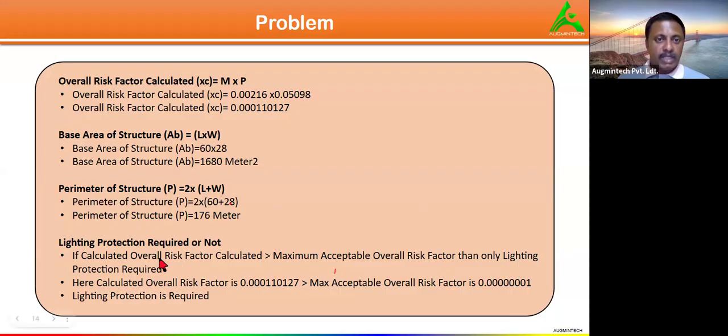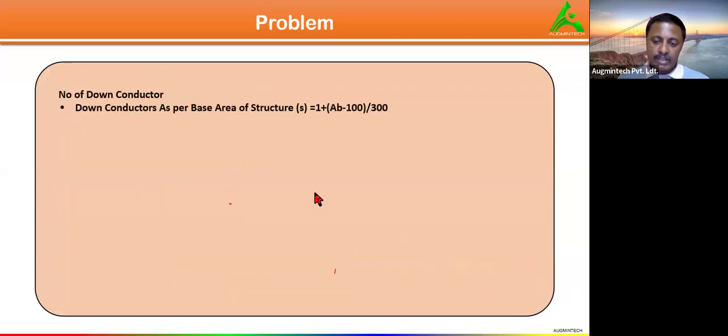That means the calculated overall risk factor is greater than the maximum acceptable risk factor, as I showed you in the previous case. If it is greater than the maximum acceptable overall risk factor, in that case a lightning protection is required. Of course, it is required for this building. If it is not required, this value should be less than this.